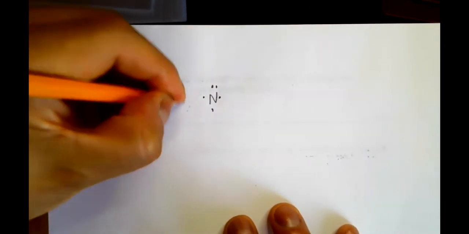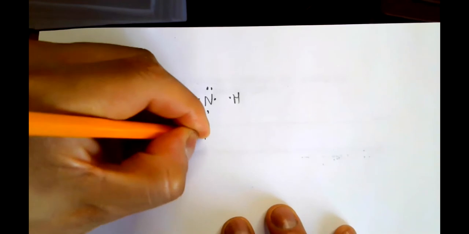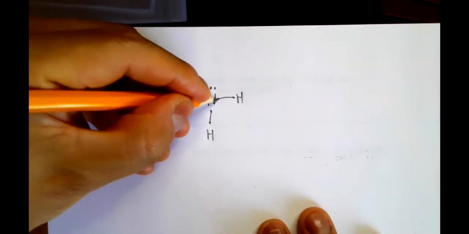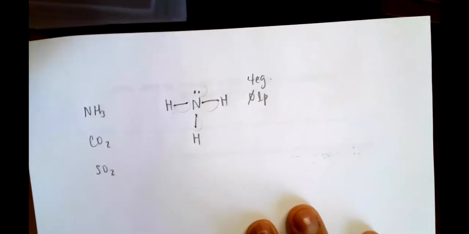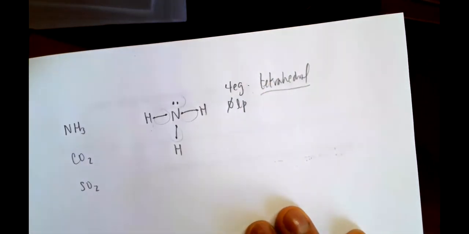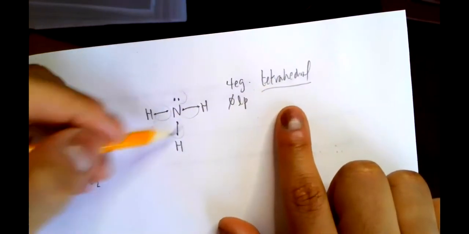So in this case, I have NH3. If I draw it, nitrogen has five valence electrons, and each hydrogen has 1. They form a covalent bond, covalent bond, covalent bond. So nitrogen has 4 electron groups, which means that it's tetrahedral, and the hybridization is sp3.